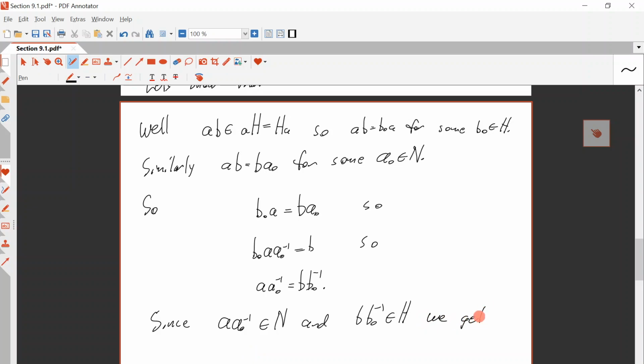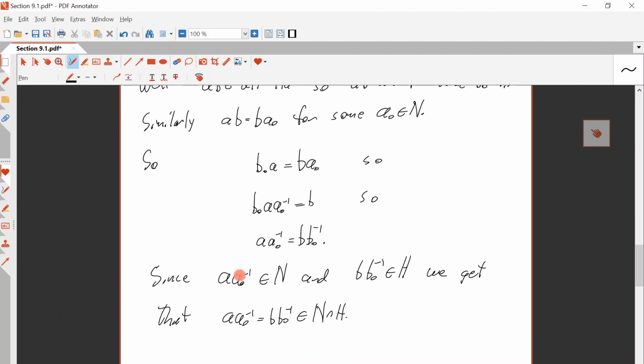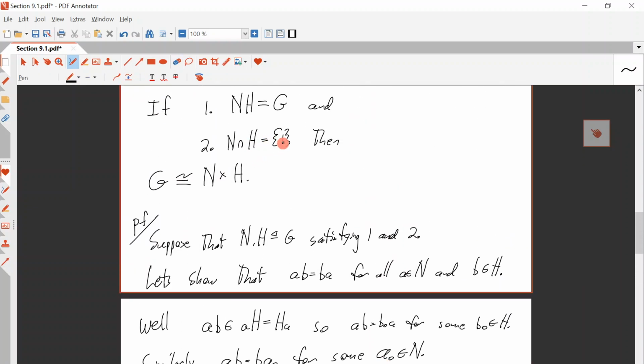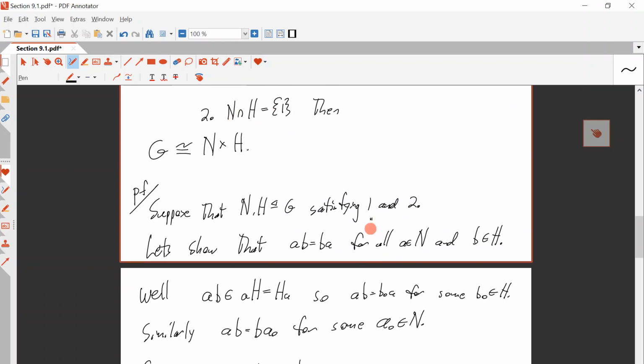We get that A0 inverse equal to B0 inverse is an element of N intersect H. Right? But those two subgroups satisfied proposition 2, or part 2, that the intersection is just the identity.